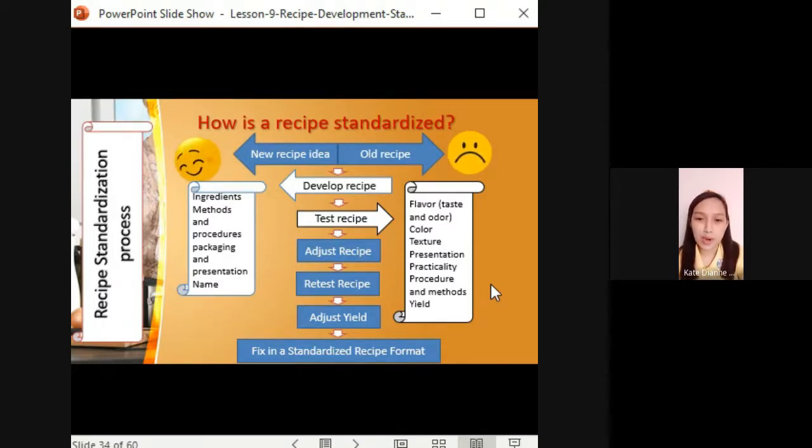So, kung sa tingin nyo, okay na yon yung pinaka-last na ginawa nyo, okay na lahat, sa color, sa texture, lahat-lahat. So, this can be already written in a standardized recipe format. Okay, so again, list down this procedure on how to standardize recipe or the process.